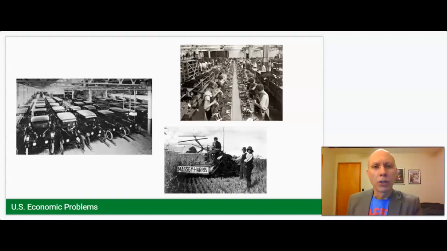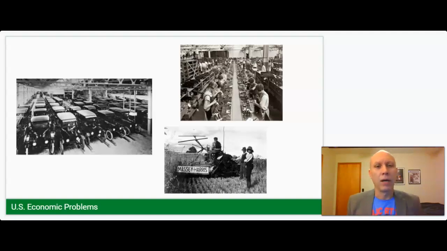All right, so what I want to start with is identifying some of the U.S. economic problems that existed, because despite the fact that the 1920s appeared to be really fantastic, and in many ways it was for the American economy, there were definitely some flaws under the surface, maybe not particularly evident, but they were there.